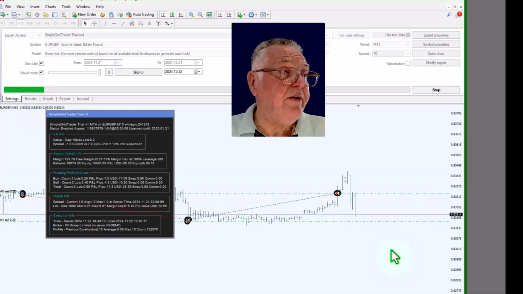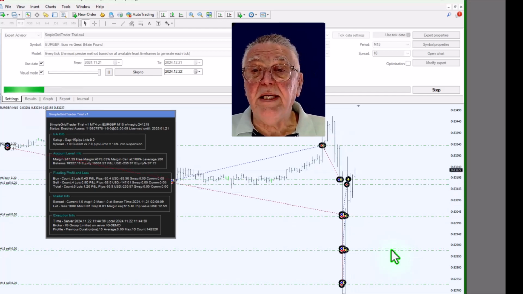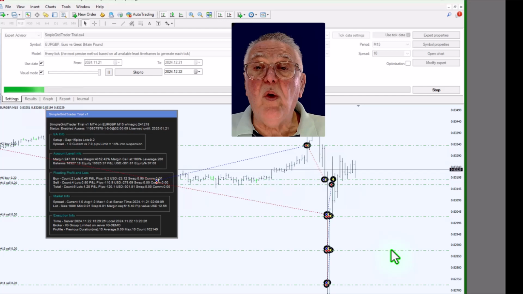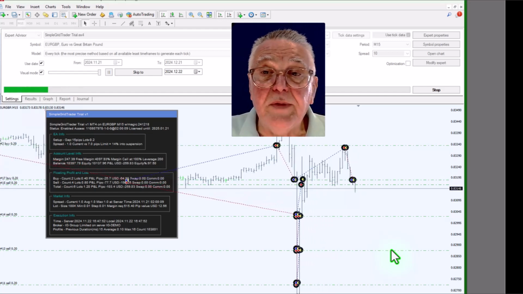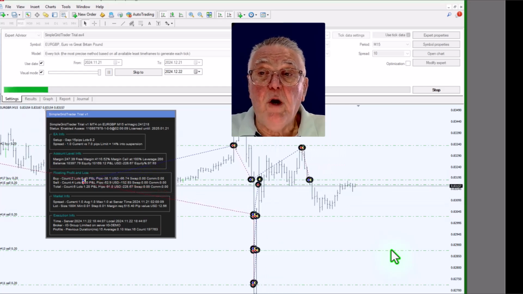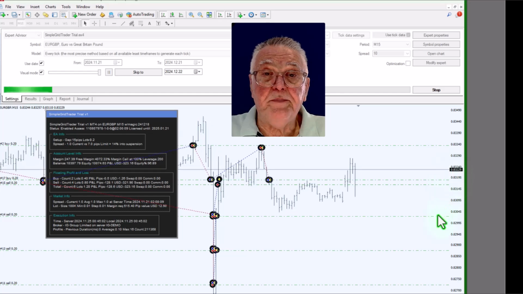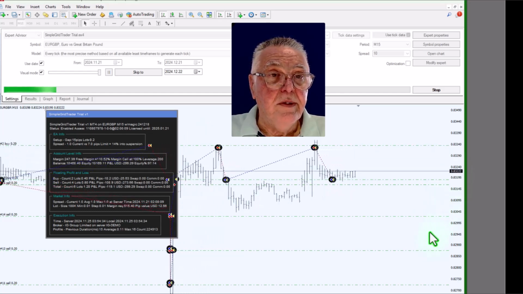So far we've got 2 levels, and there we go. Oops, there's a really big movement there. It opened a number of levels all in one go. Equity is strangely enough positive, and that means we've actually paid for the carpet up until now. Very good.